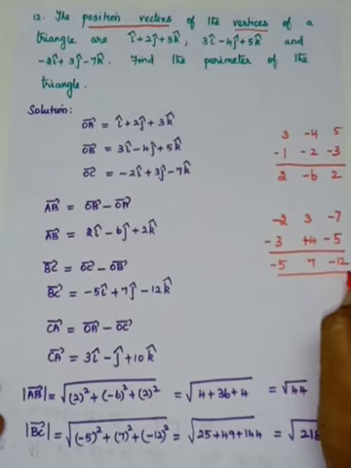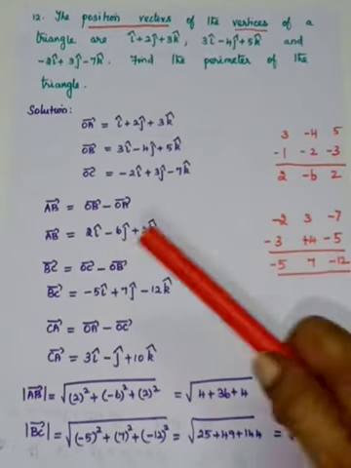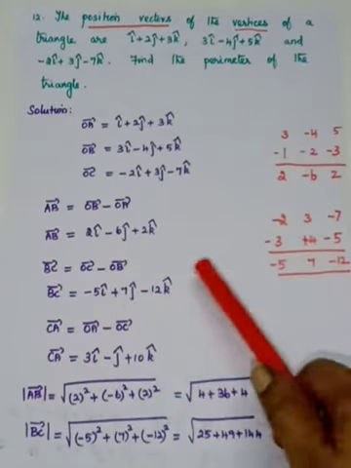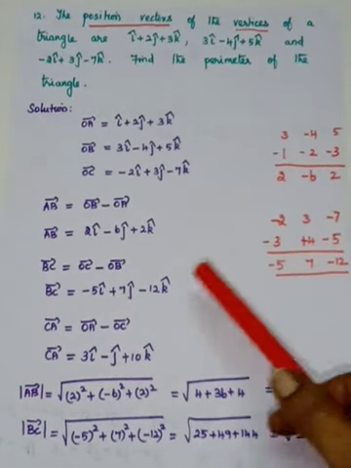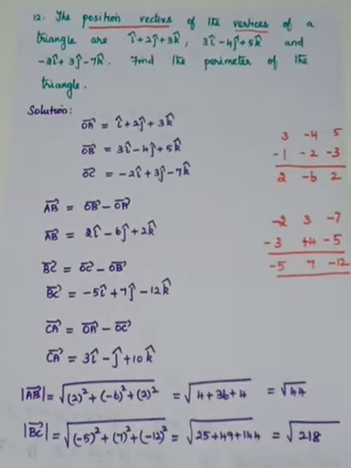We have found the coefficients. Write as a vector: minus 5i cap plus 7j cap minus 12k cap. In this way you can find. Next, you can go for the third side. CA vector you can write, otherwise AC vector, anything you can find. Here I have found CA vector.